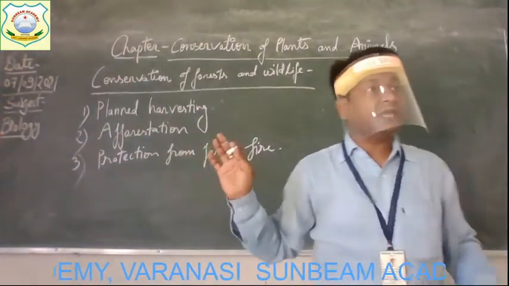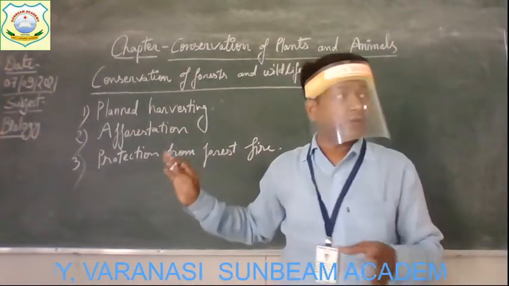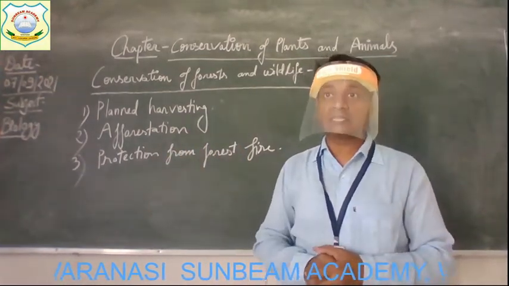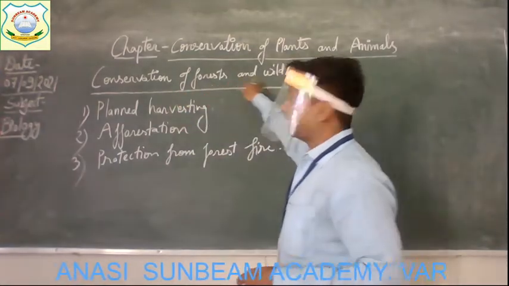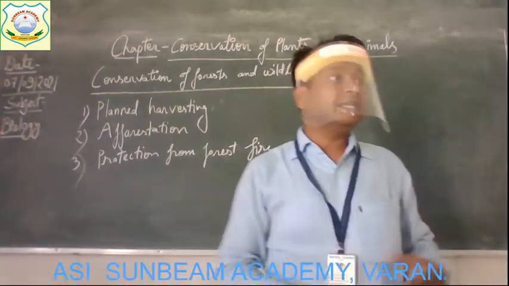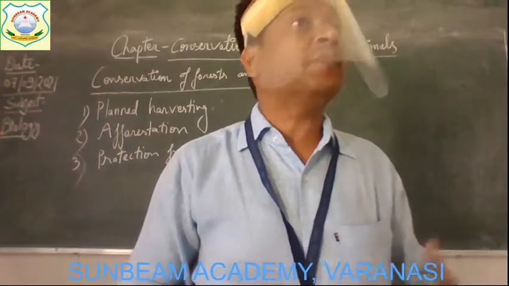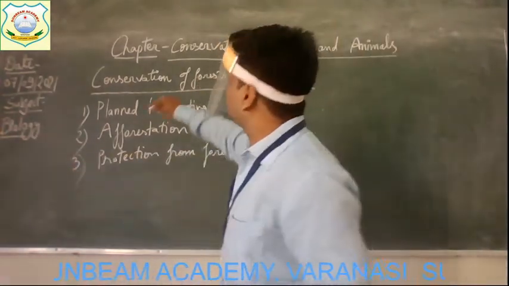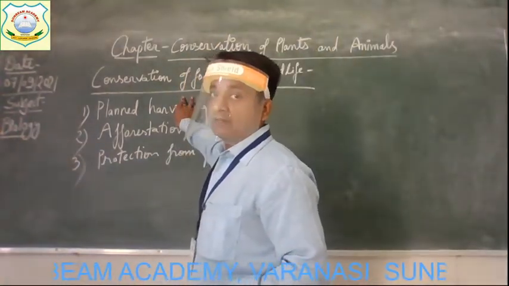Okay, so these three methods we have already explained in the previous class to conserve forest and wildlife. Now today I will discuss some more methods, some more practices by which we can conserve our forest and wildlife.